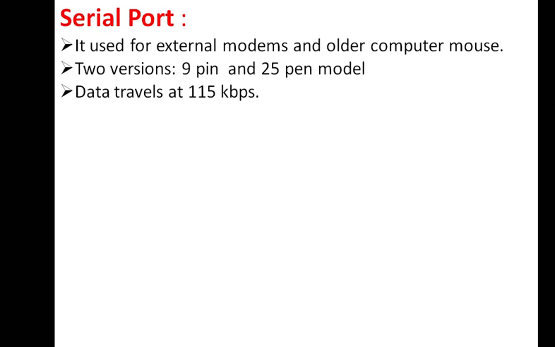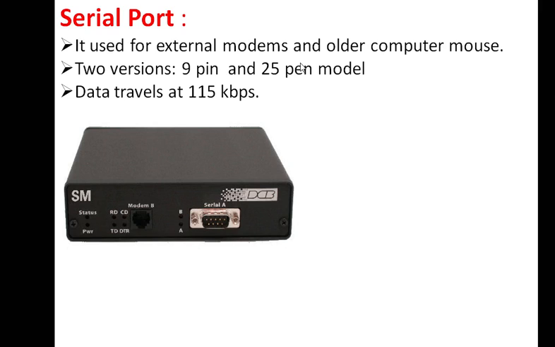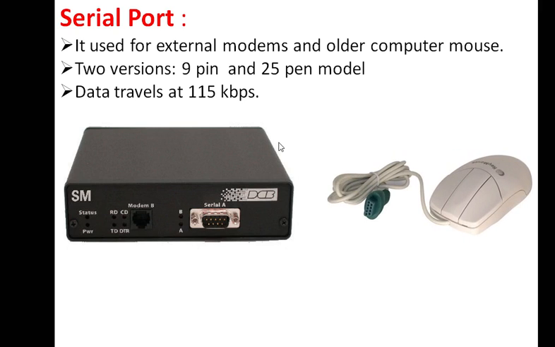The serial port is used for external modems. Modems, if you want to use internet in your home or office, you need modems. And this is an old computer mouse. Okay, it has the serial port, right? See here, this we can call the serial port.